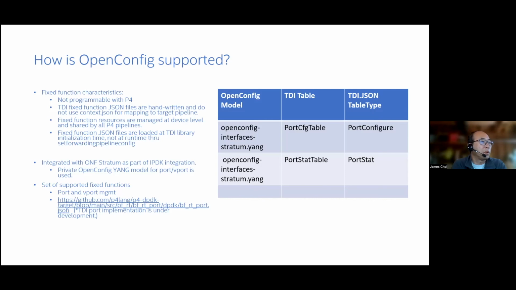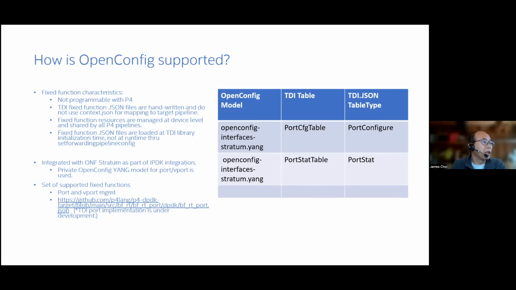So if you configure a port, then that port is visible to all the P4 pipelines, and the management of the port is not divided at the P4 pipeline level, but is managed at the device level. And the fixed function JSON files are loaded only at the TDI library initialization time, so they cannot be loaded at runtime.